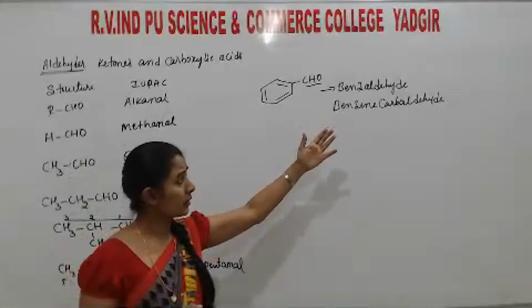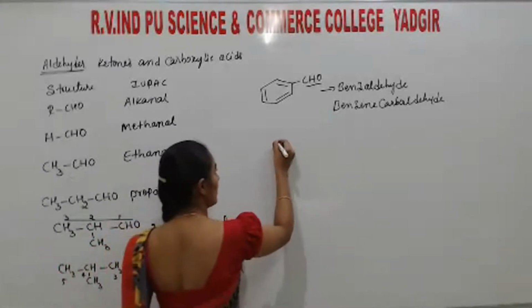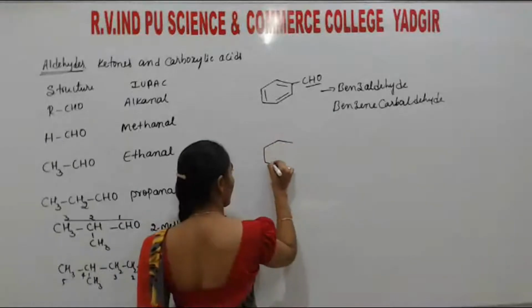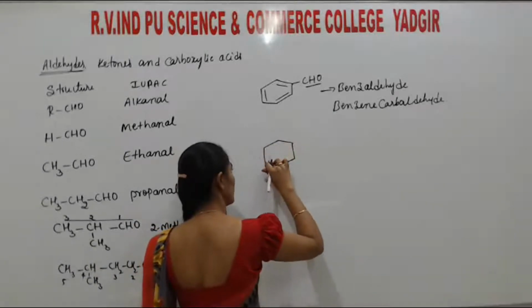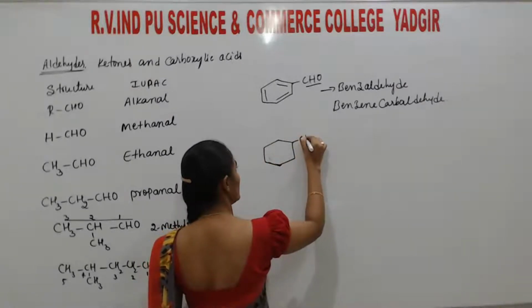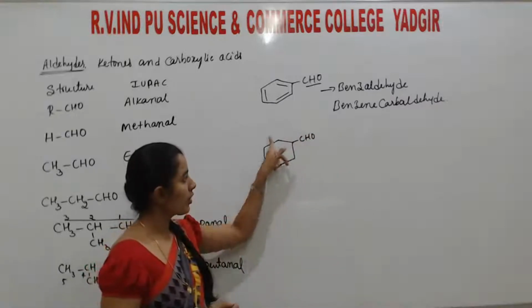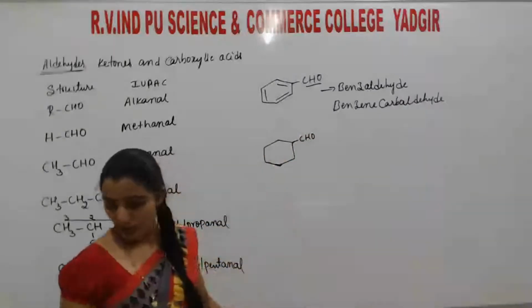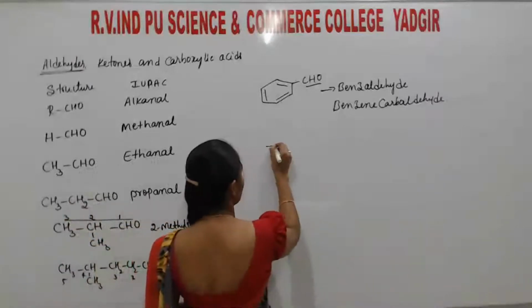As benzene only, benzaldehyde you may write. Okay. So the next one, for the cyclic compound CHO is there. Of course, this is also not involved in this cyclic. So instead of that, you take this.